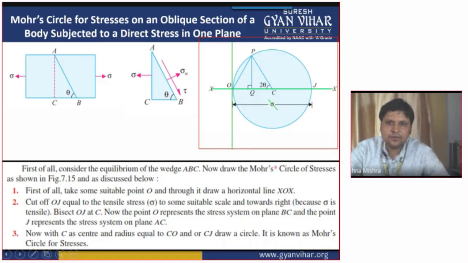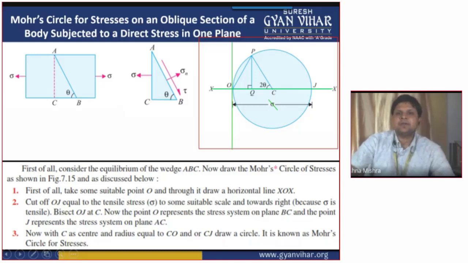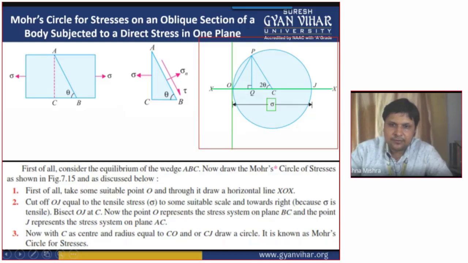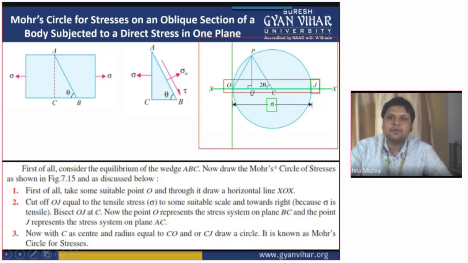If the stress value is 100, and 1 centimeter is equal to 10 Newton per mm square, the stress value of 100 megapascal will be denoted by a 10 centimeter line, and you will mark this point J. So OJ is the length which represents your value sigma. All right. So this is the first step.